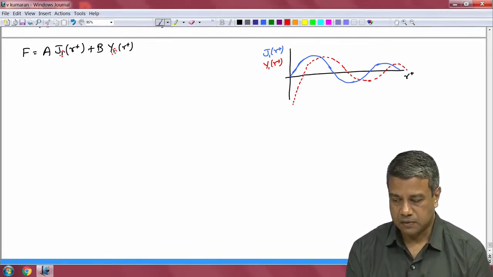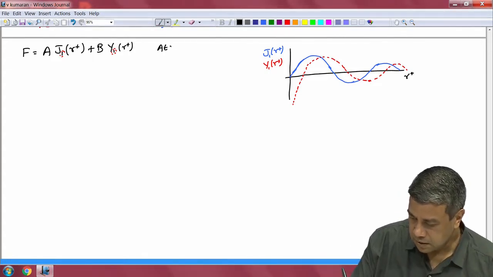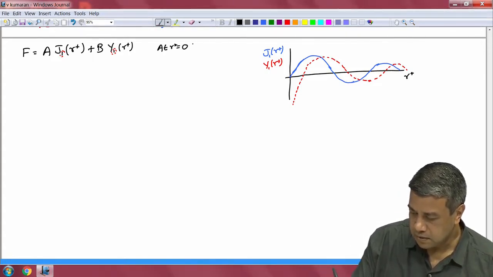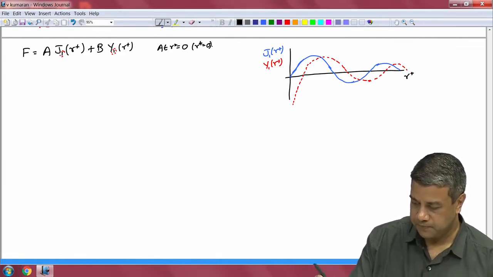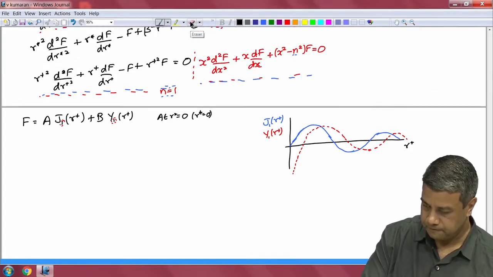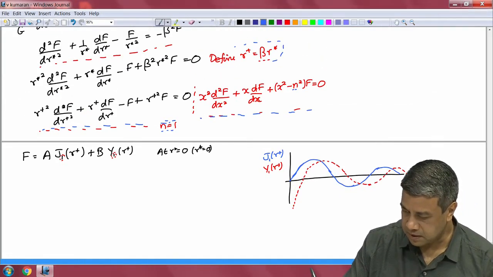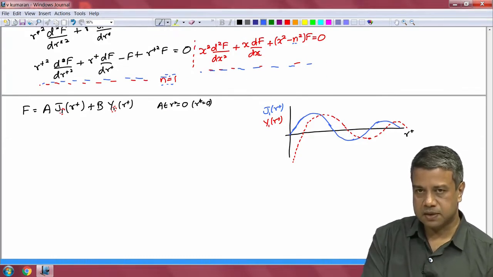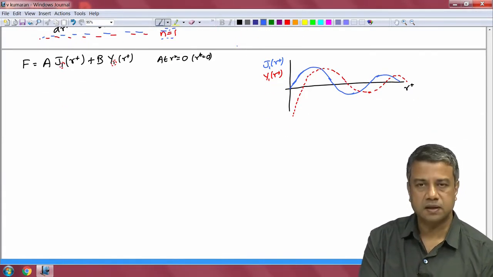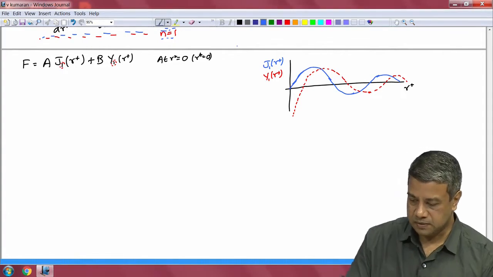We know that at r star equal to 0, which is also r plus equal to 0, note that we have defined r plus equal to beta times r star, where beta was the constant that we obtained from separation of variables. Therefore, r plus is equal to 0.